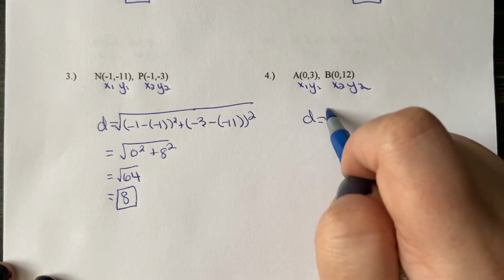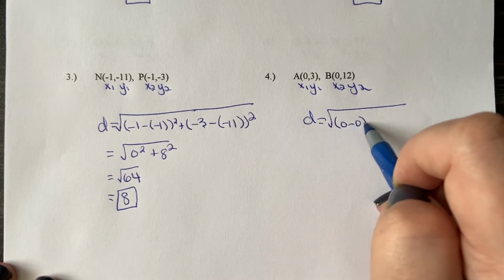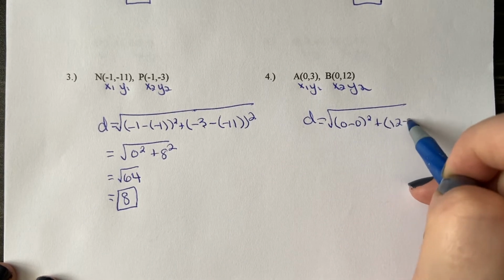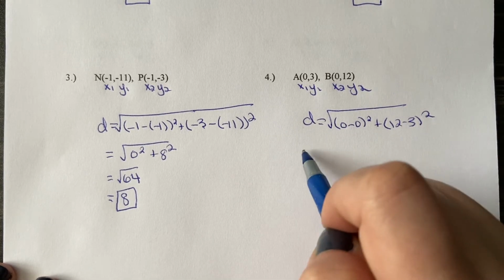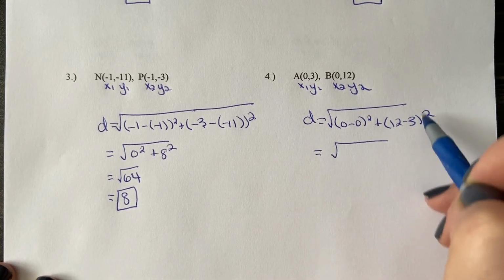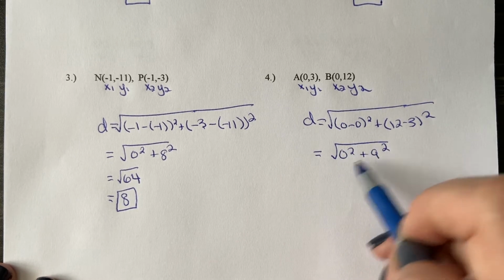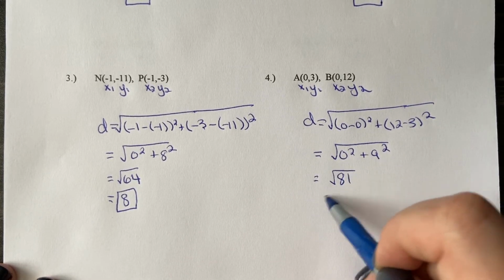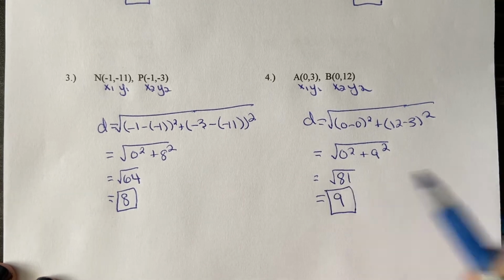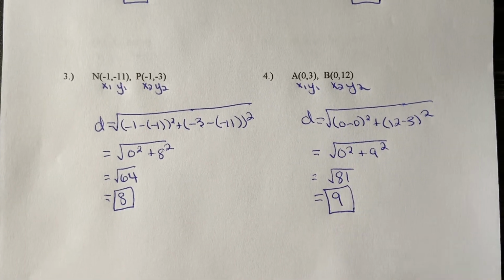This one is 0 minus 0 squared plus 12 minus 3 squared. So that's just 0 squared plus 9 squared, or the square root of 81, or 9. Okay, turn the page.